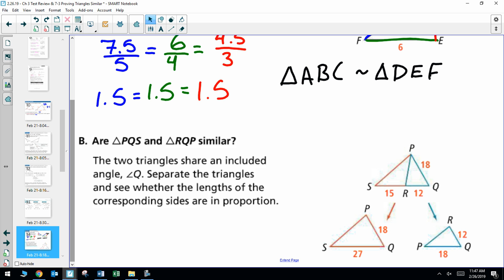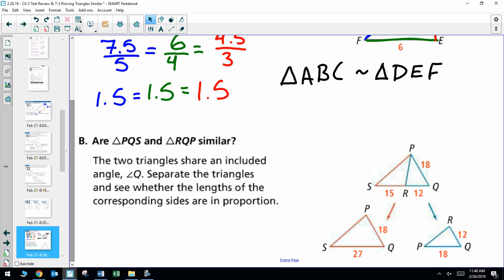When they're saying, is PQS similar to RQP, you have to match them up so Q is in the same orientation: P is in the same spot that R would be, and S is in the same spot P would be, to orient them, and then compare whether they're similar.